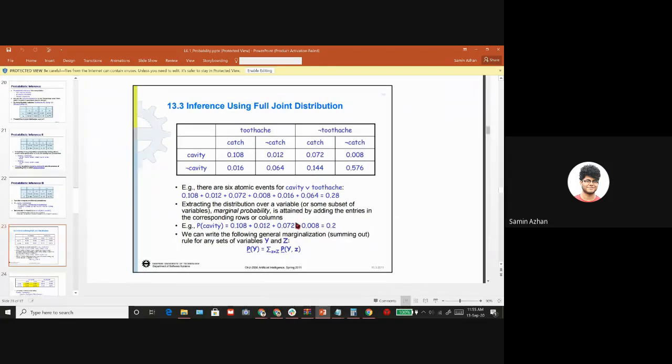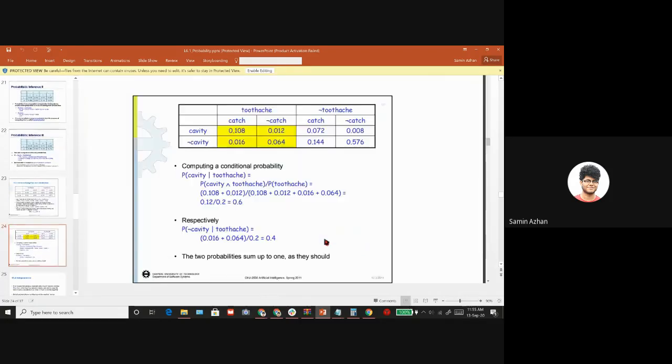Similarly, there are more examples given. I'm pretty sure if you understood so far, these shouldn't be too difficult for you. We can calculate this using the formula as well, and also this.